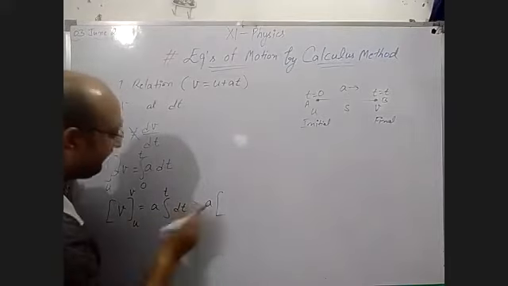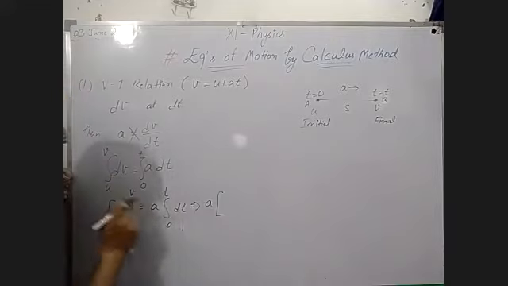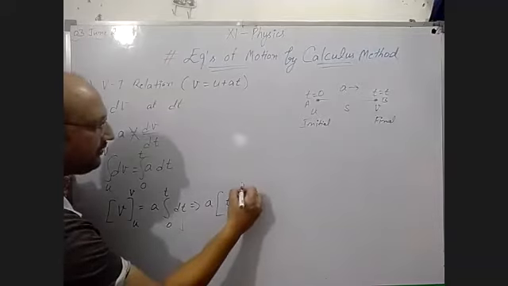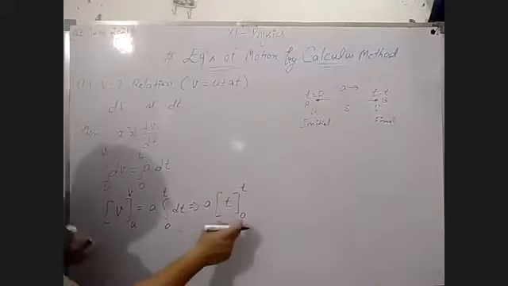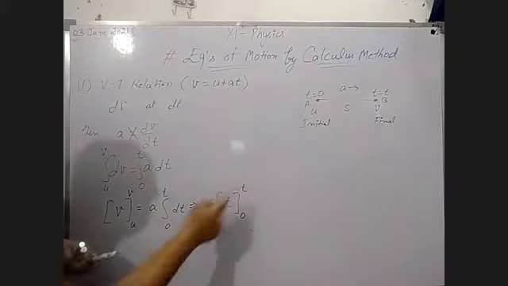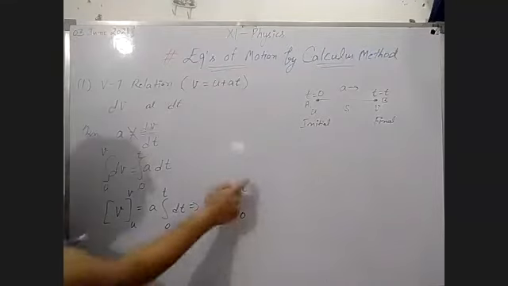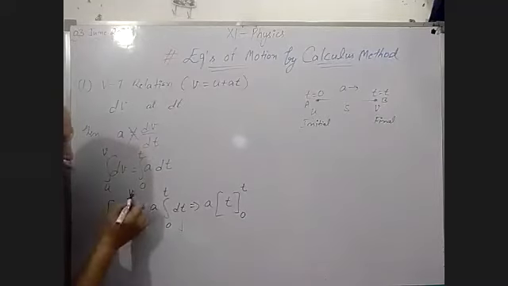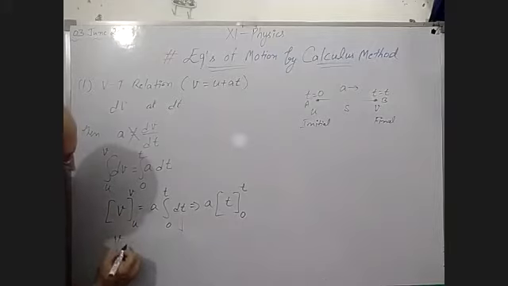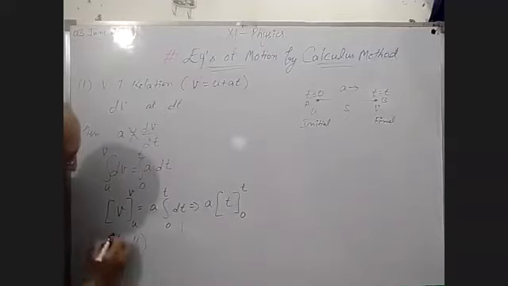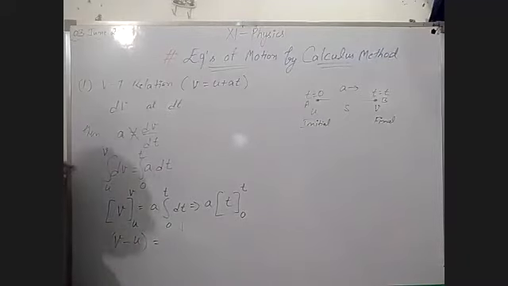The integration of dt is only t, and its limits you have to put at the bottom and upper portion of the square bracket. Now put these limits by upper limit minus lower limit. Firstly, upper limit, instead of v, put v minus, after that instead of v put u. This is the process of integrating.